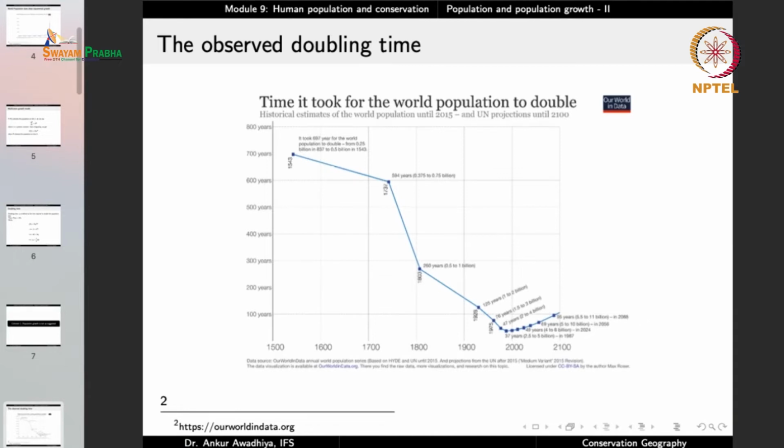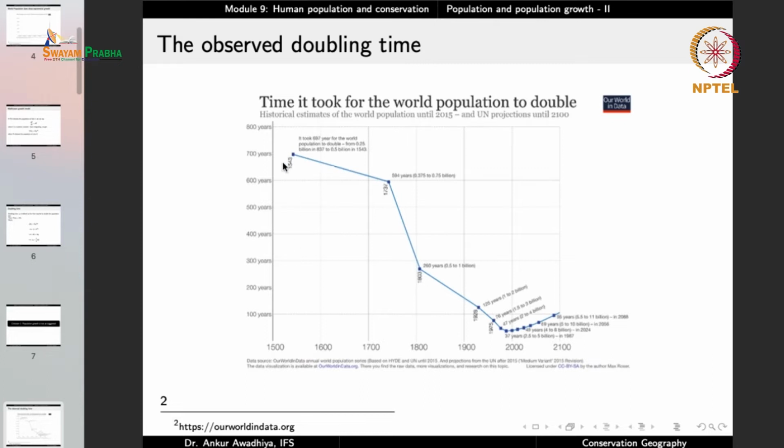If we look at the observed doubling time, the doubling time has been changing. Here on the x-axis we have the year. We begin with the year 1500, 1600, 1700 and so on. And we are plotting the doubling time on the y-axis.